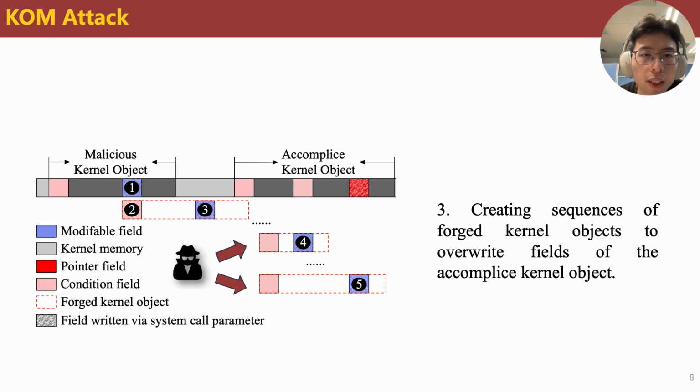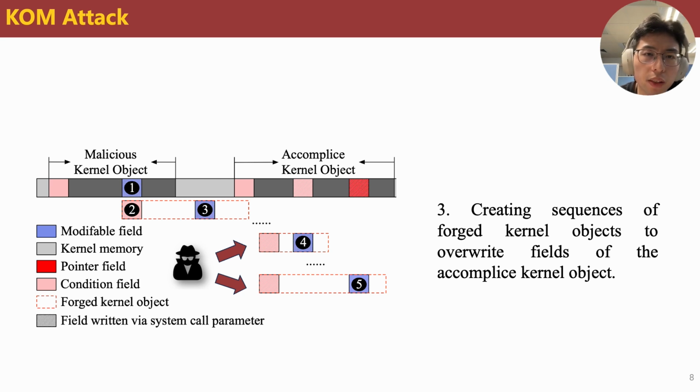Then, we create sequences of forged kernel objects to override fields in the accomplice kernel object. By invoking appropriate system calls with the pointer to the initial forged kernel object, we modify its modifiable fields. It is important to note that different system calls can be used to modify different fields of the kernel object.